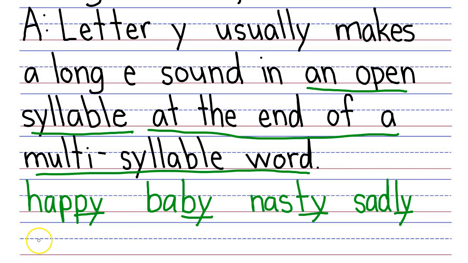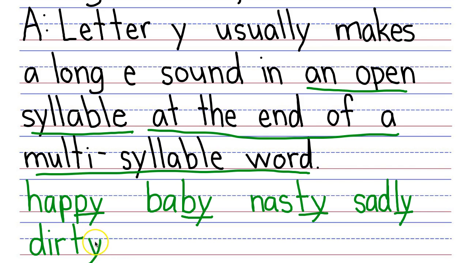First syllable dirt, second syllable E. Here we have a D that says D, an IR, that's our IR phonogram, a T that says T. So there's our first syllable. And the second syllable is just a Y that says E. When Y is all alone in a syllable, it's always going to be a vowel because every syllable must have a written vowel.